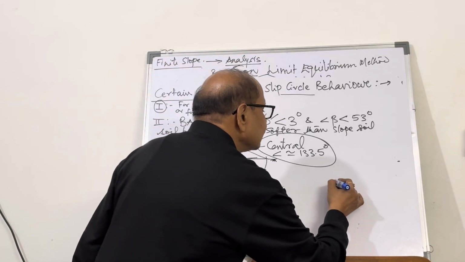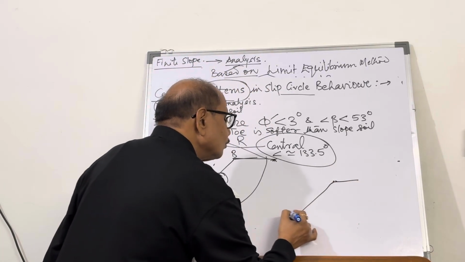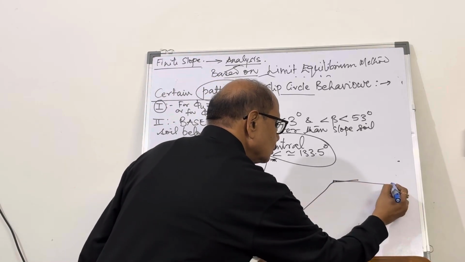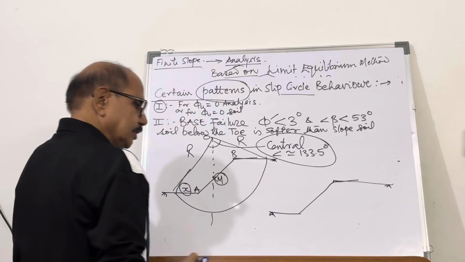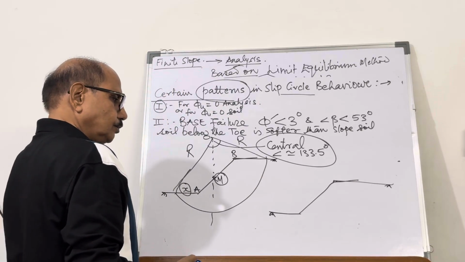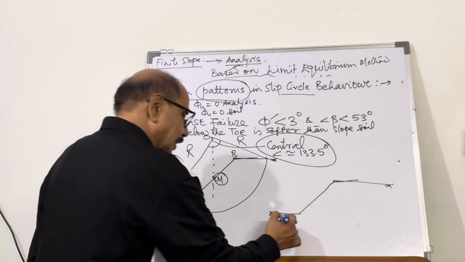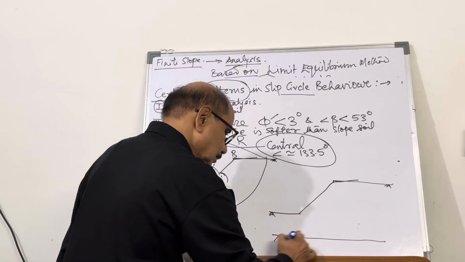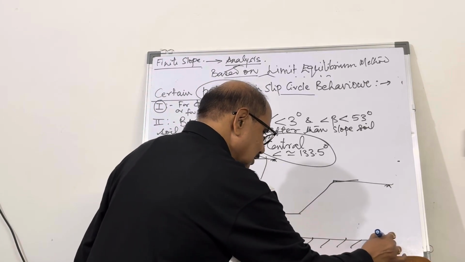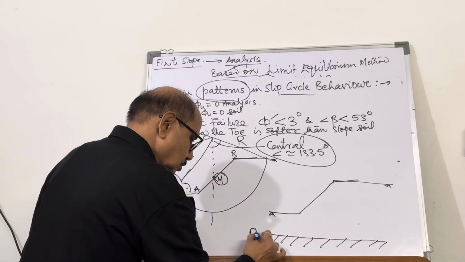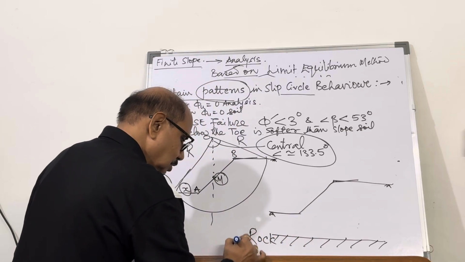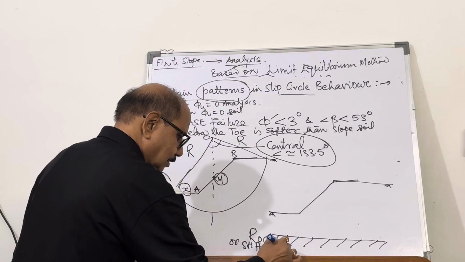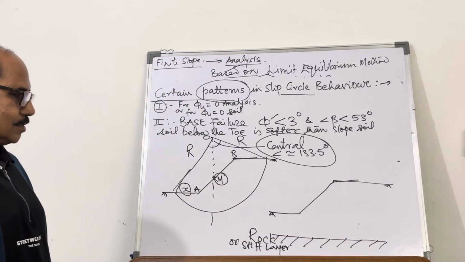Say this is the now flatter slope. This is the embankment. Here, there is a stiffer layer or rocky mass, rock or stiff layer like this.